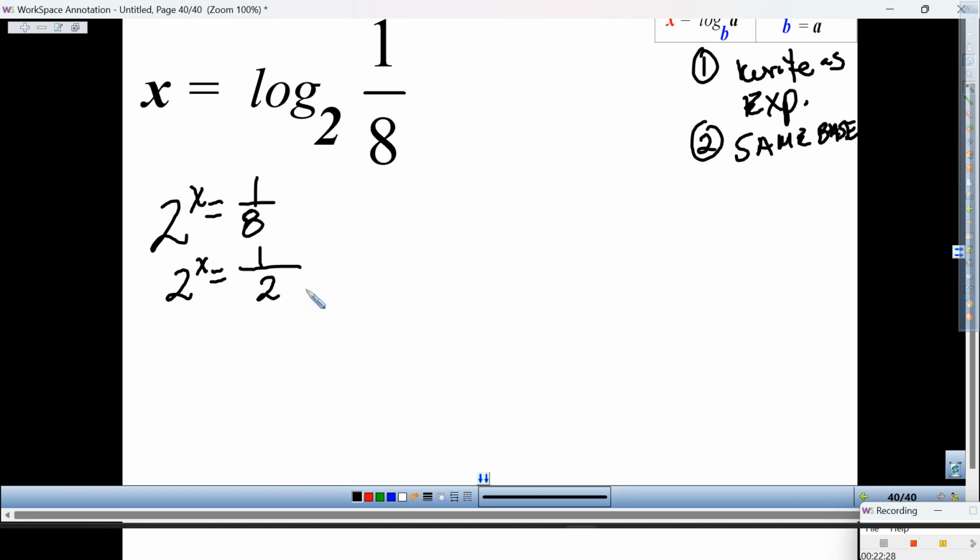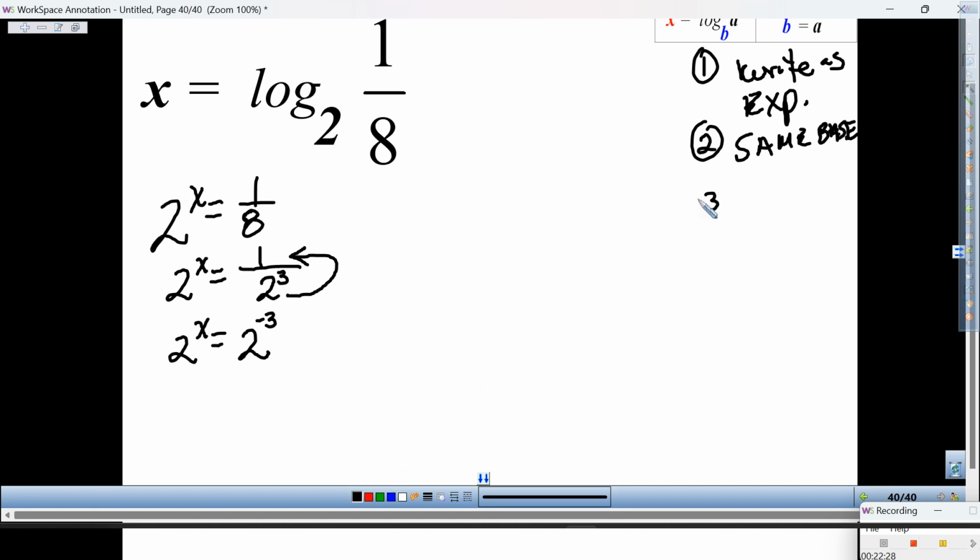I need it with base 2. 2 to the what gives me 8? 2 to the third. However, it's still not the same base because this is a fraction. I need to bring this one to the numerator. So this is 2 to the x equals 2 to the, it can't be a positive 3. Now it has to be a what? Negative 3 because I sent it up there.